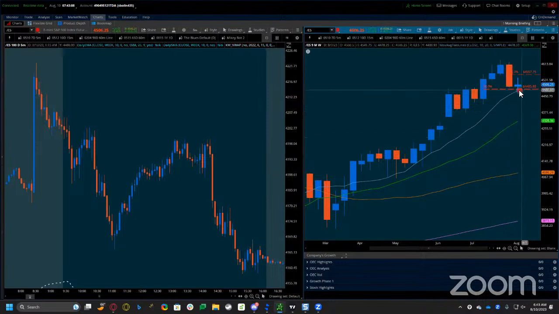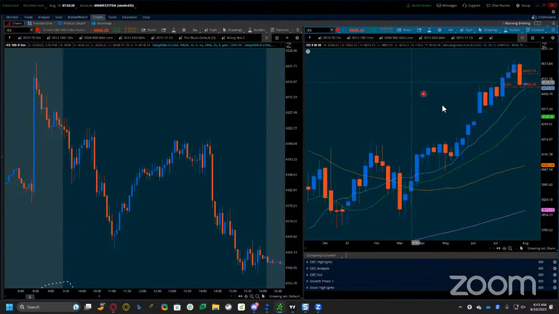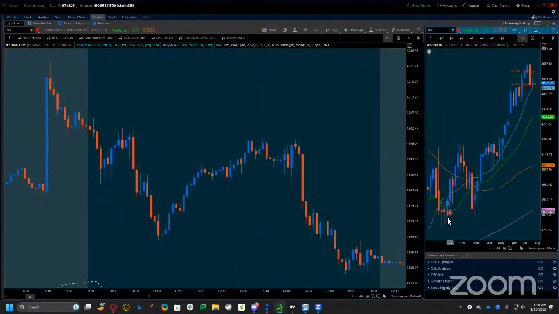So even if we do get below the 10, we would still need to get a lower high, a closed lower high on the week to even begin to consider that we're failing and that we, you know, might begin to start heading to the downside. Otherwise, this is just a good needed pullback on the year, because it's been a pretty good year, right? From 3,800 to 4,600, not too shabby.